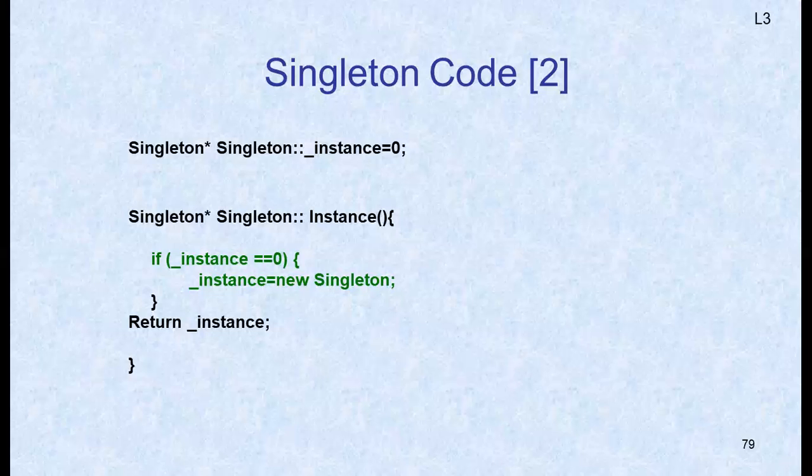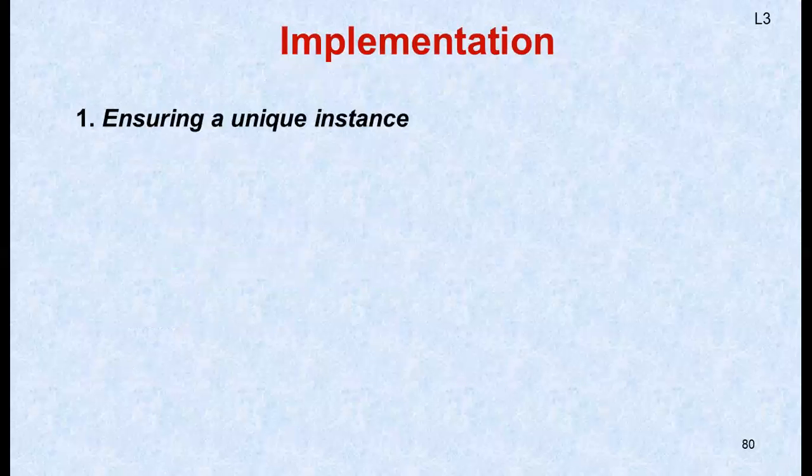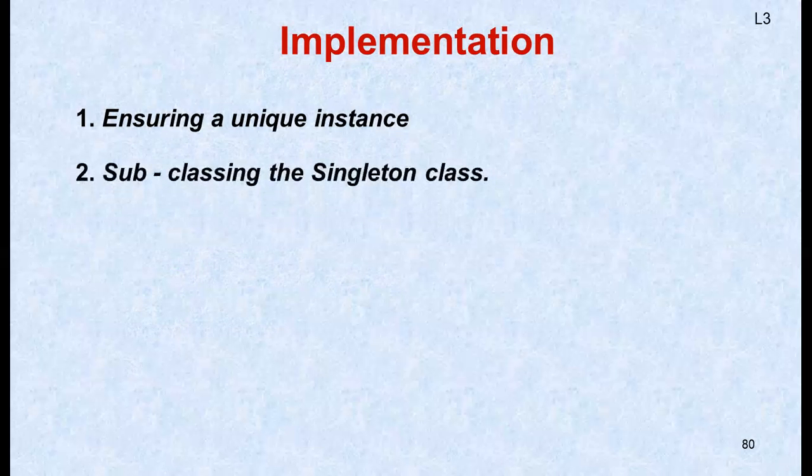Now, coming to subclassing the singleton classes. Here, the main issue is not as much defining the subclasses, but installing their unique instances so that the client will be able to use them.